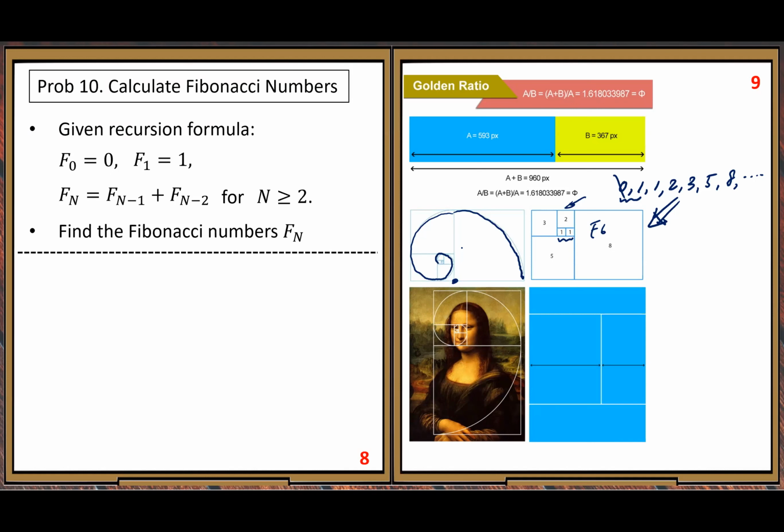How about that? That's something very interesting. And some people even related it to the Mona Lisa painting in this way. Look at that.